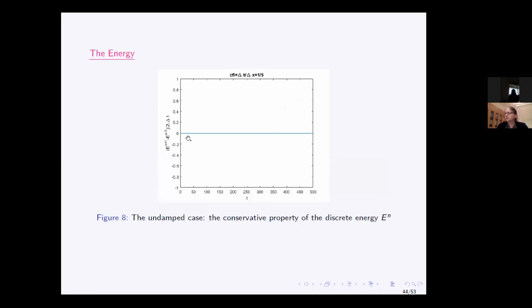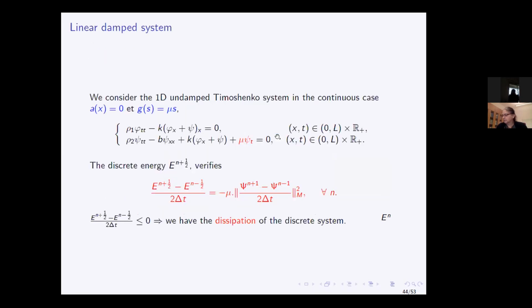Here, the system is conservative, so the difference between the energy is equal to 0 with respect to the CFL condition. Now, if we put a linear term in the second equation, we prove that the approximation of the derivative of the energy is negative. So we have the dissipation of the discrete energy.